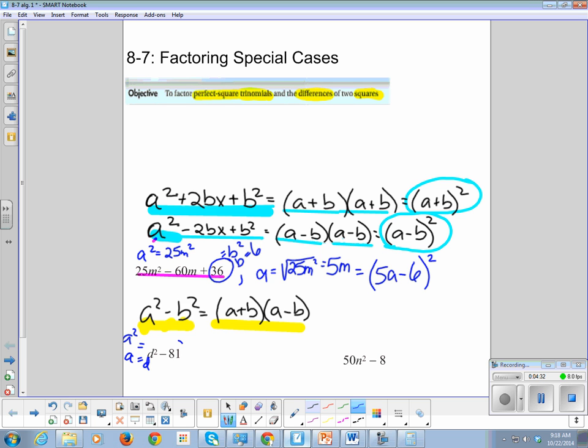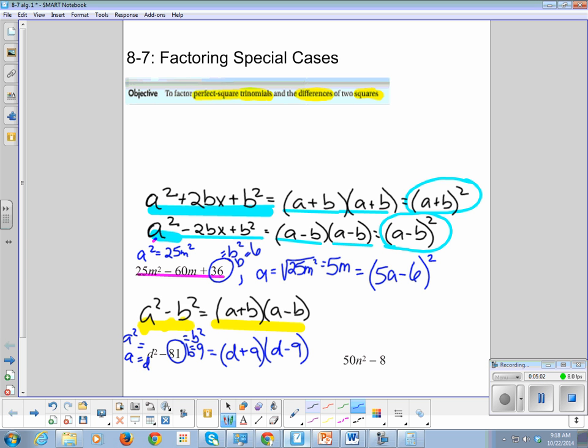And if 81 is b squared, what is just regular b? It's the square root of 81. 9. So then I can rewrite this as d plus 9 and d minus 9.